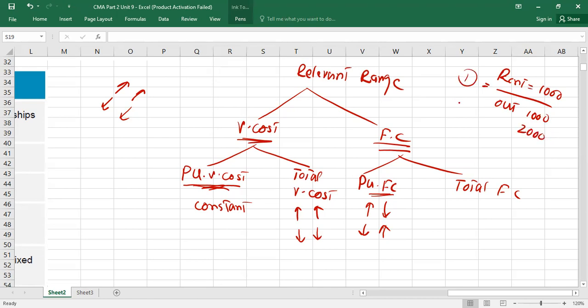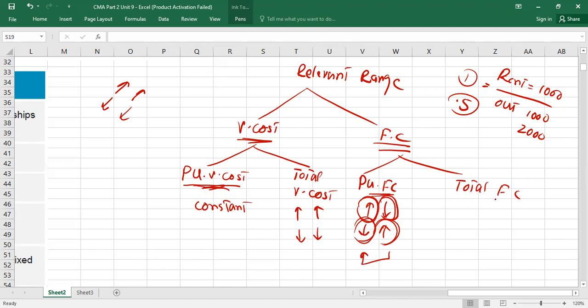Per unit fixed cost will be 0.5, right? So this is what is happening. Whenever production increases, per unit fixed cost decreases, and whenever production decreases, per unit fixed cost increases. It means fixed cost per unit has an inverse relation with the production.